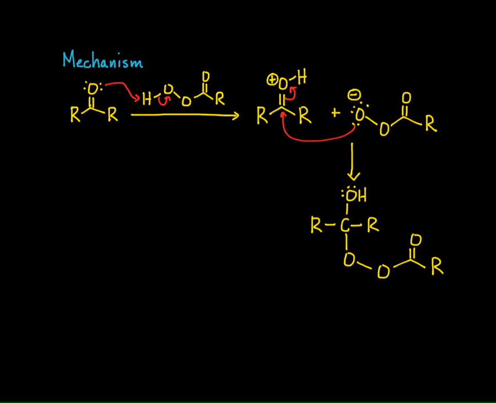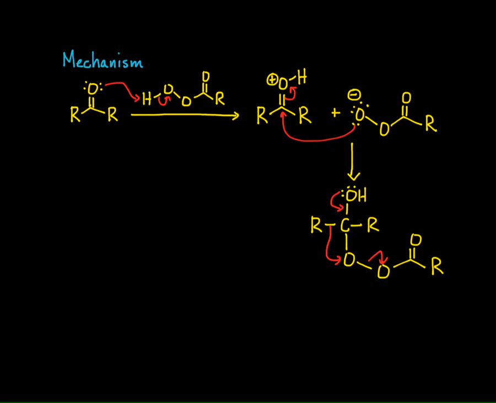Now something interesting happens at this stage, and what we see is the reformation of the carbonyl, and now the bond between carbon and one of the R groups is going to migrate to the oxygen that's attached to that carbon. And so once that occurs, then we get bond breakage between that oxygen-oxygen bond.